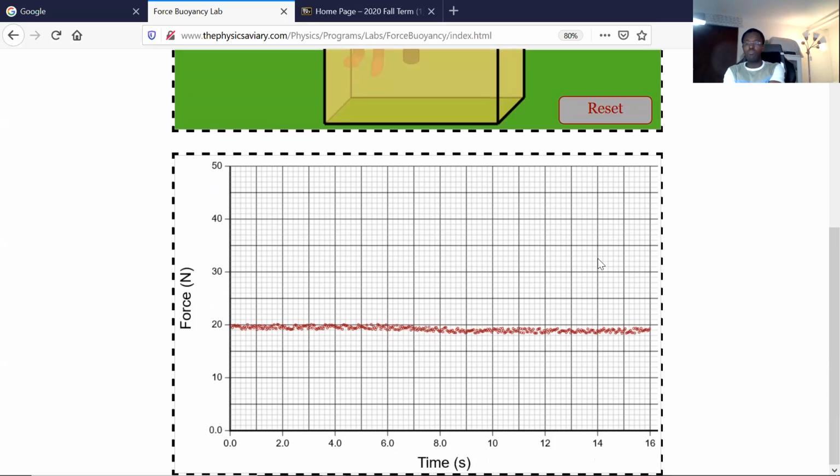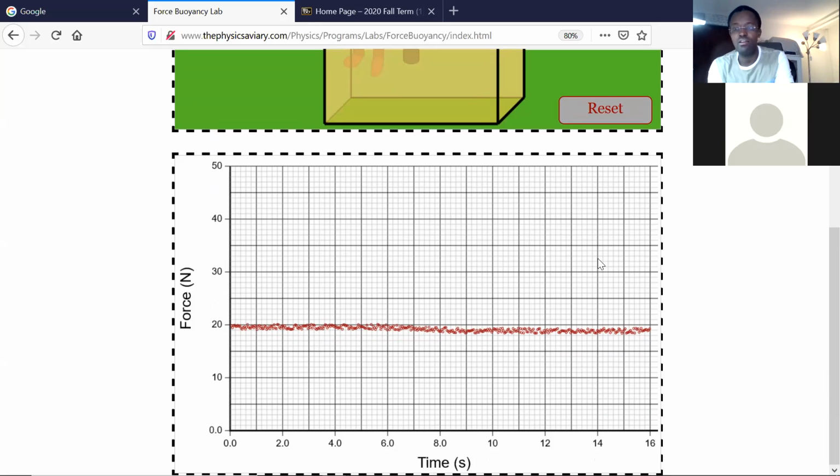Can anybody describe what they see? It's parallel, right? Yeah. It seems nothing is changing, right? It seems we have a constant graph.